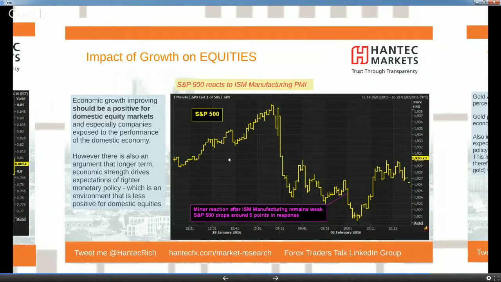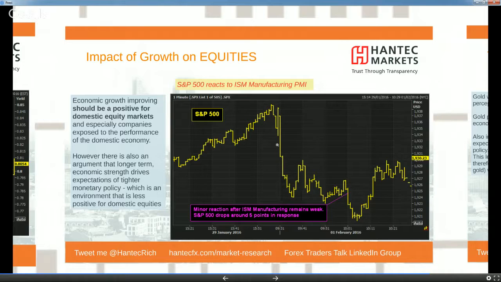In interest rate tightening cycles, equity markets tend to react less positively. So on a medium to longer term basis it's difficult to gauge, but certainly the initial reaction tends to be positive.